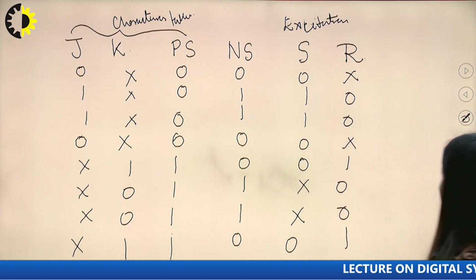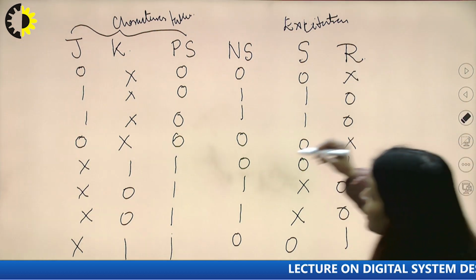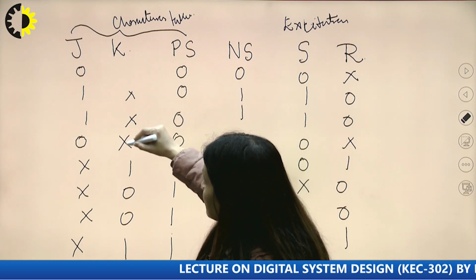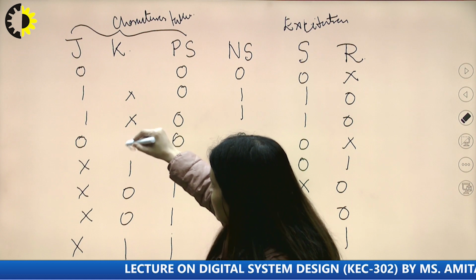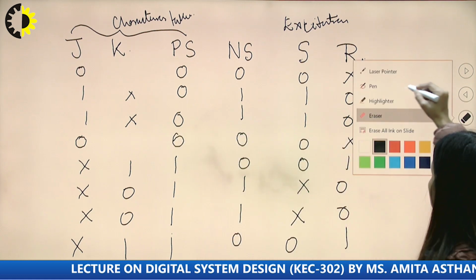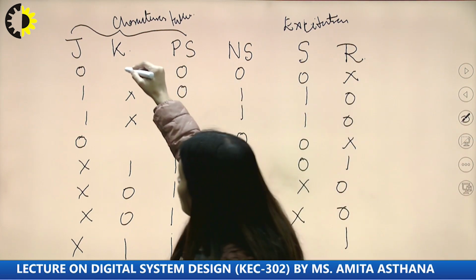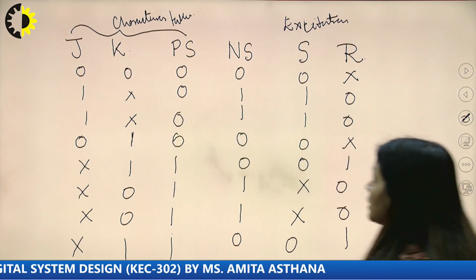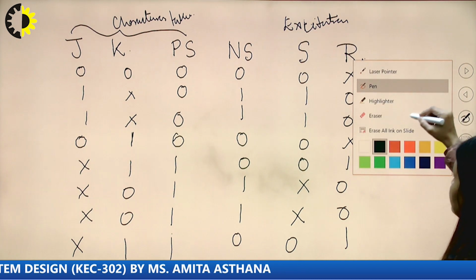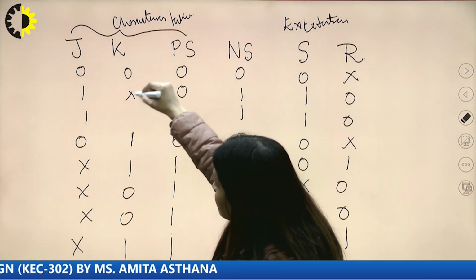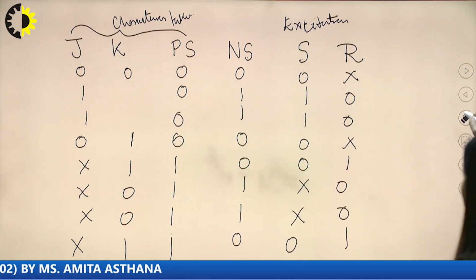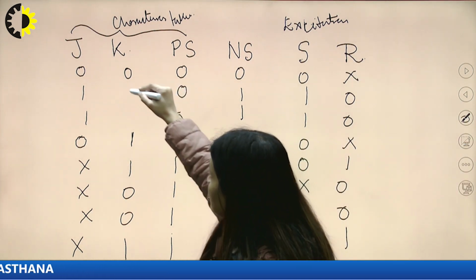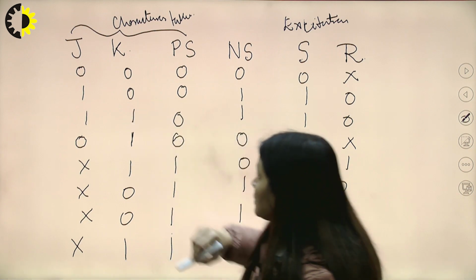So what I can do is, for 0, 0, I will make it one as 0, 0 and another one as 0. Okay, similarly for this one, I will make 1, 0 and 1.